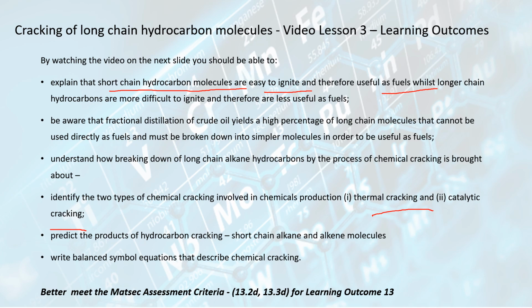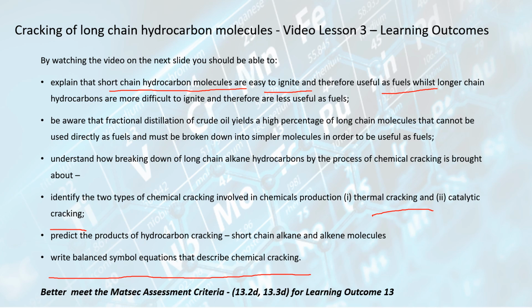Now I strongly suggest that you replay the next video several times. It's the last bullet that you see in this slide. You will be able to write balanced symbol equations that describe chemical cracking. Now, as we said, chemical cracking is the breakdown of a long chain hydrocarbon molecule into shorter chain molecules.